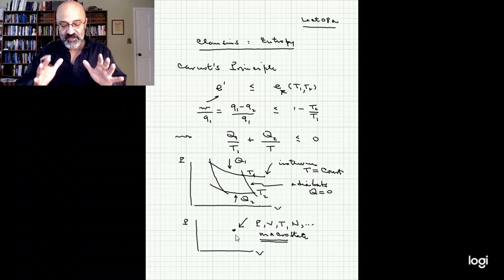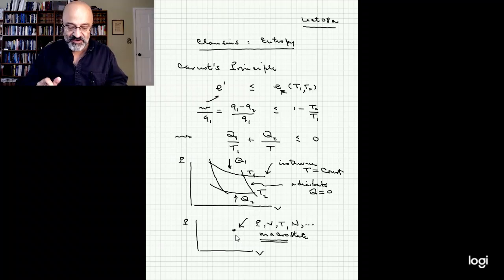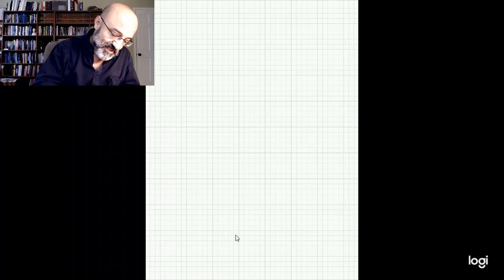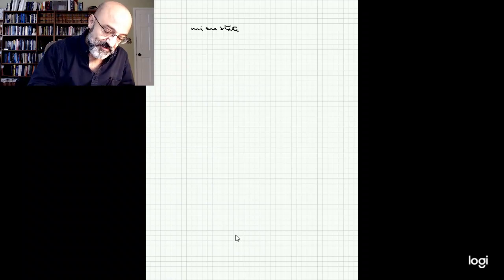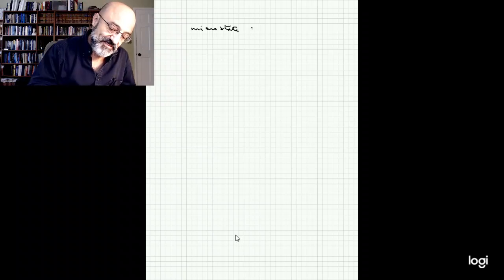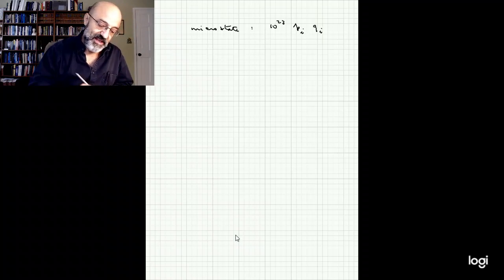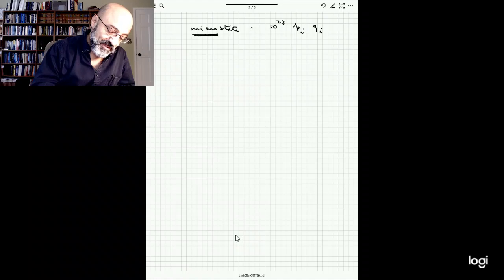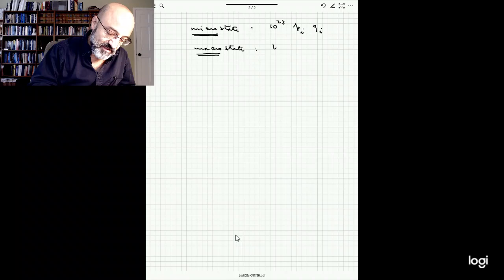So instead of describing the system by giving all the 10 to the 23 variables that describe position and momentum, so you describe the system in all its microscopic detail, 10 to the 23 P's and Q's, we are going to often describe the system in terms of a macro state, and we have half a dozen macroscopic variables.